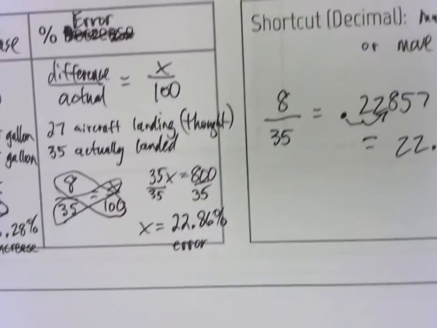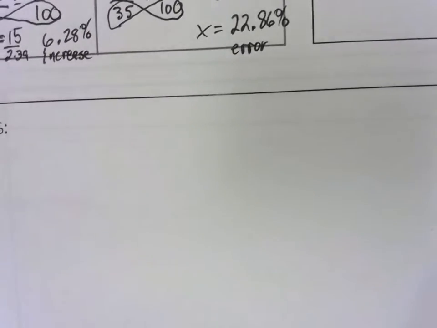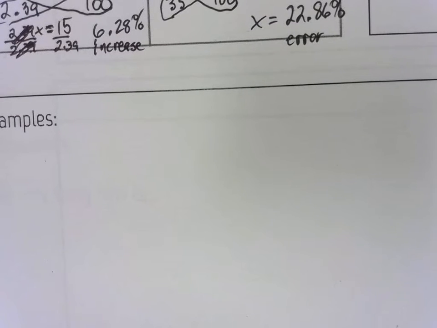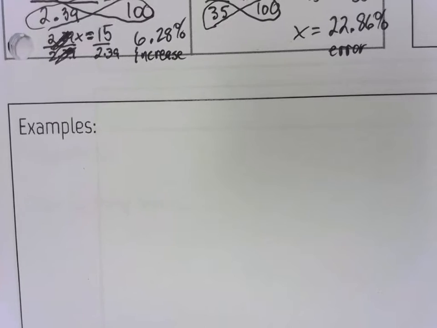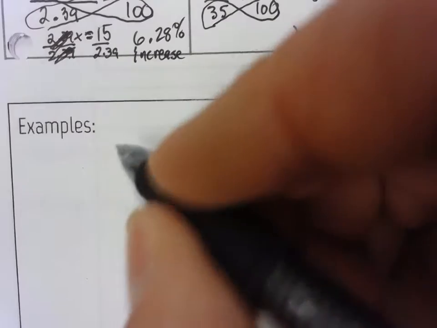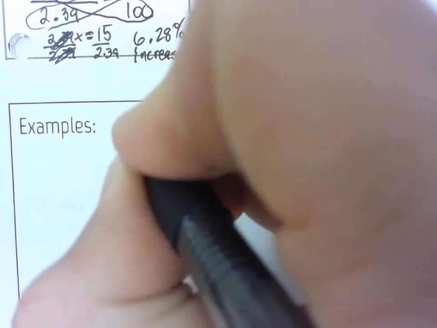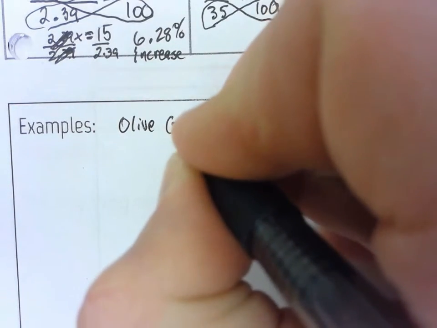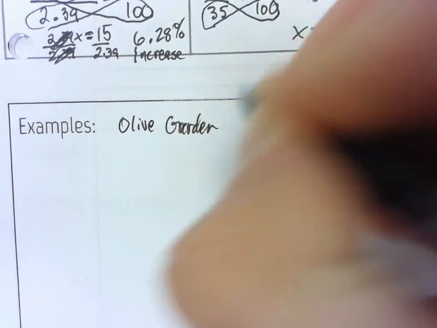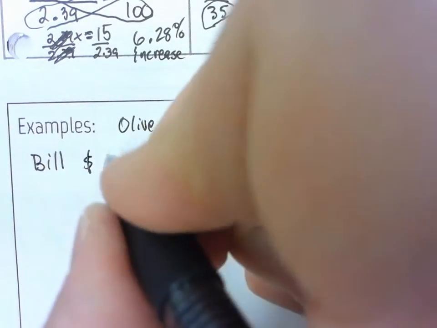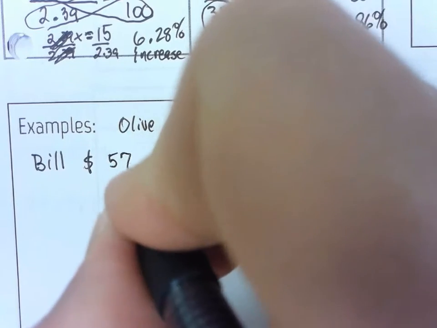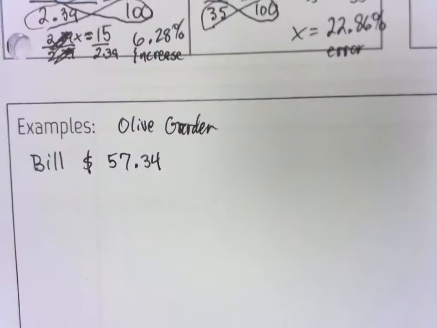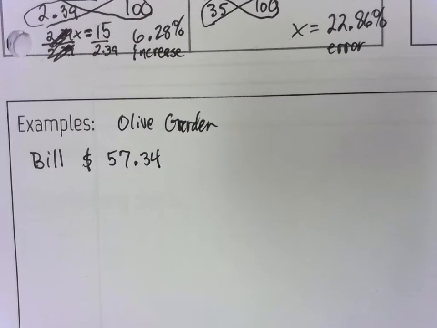Okie dokie. So those are some simple percent items. Now we're going to come down here and do some more examples that are a little more difficult, some things you might see on your EOG. So let's say we're going to go out to dinner, and let's go to Olive Garden. Our bill at Olive Garden is $57.34.